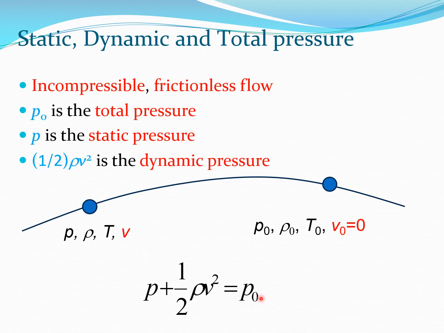This is the total pressure P0 and it's got really two parts. It's got the static part and it's got the dynamic part. So when you actually bring the flow down to a speed of 0, then all this pressure in the dynamic part gets absorbed into the total pressure. So that's the total of the static and the dynamic pressure. That's the total pressure.